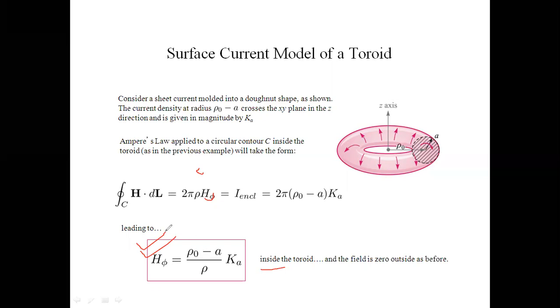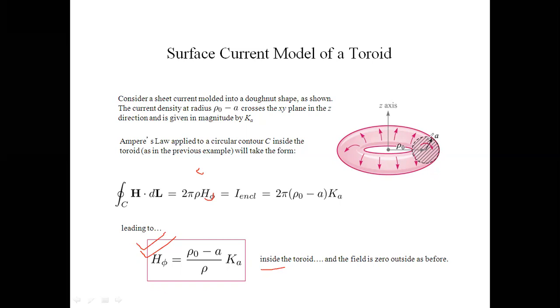Now understand the terms. What is rho naught? If this is my entire toroid, rho naught is the distance from the center to the point where I am finding the magnetic field. What is A?